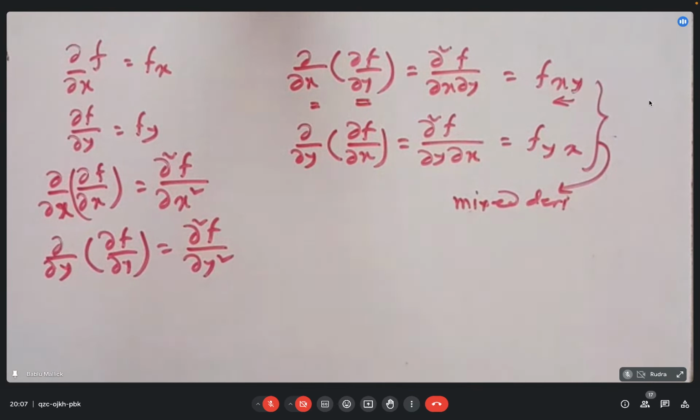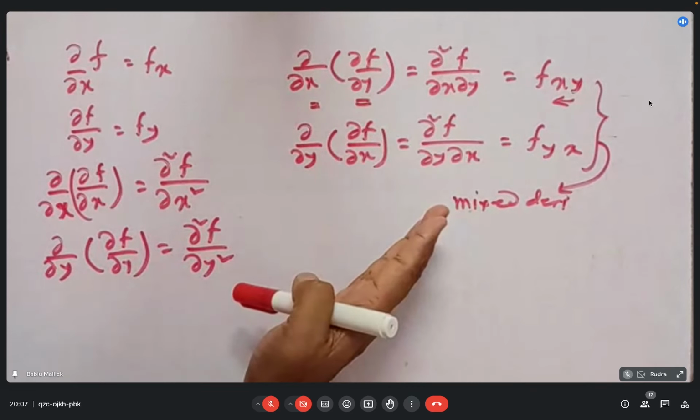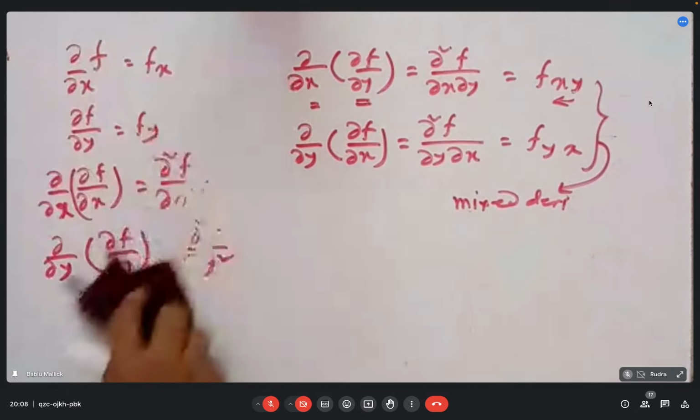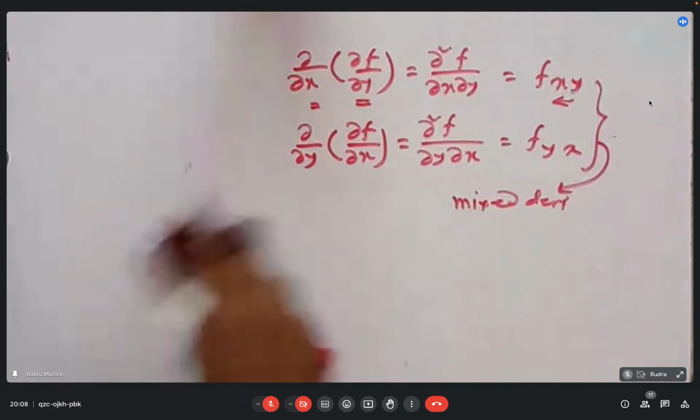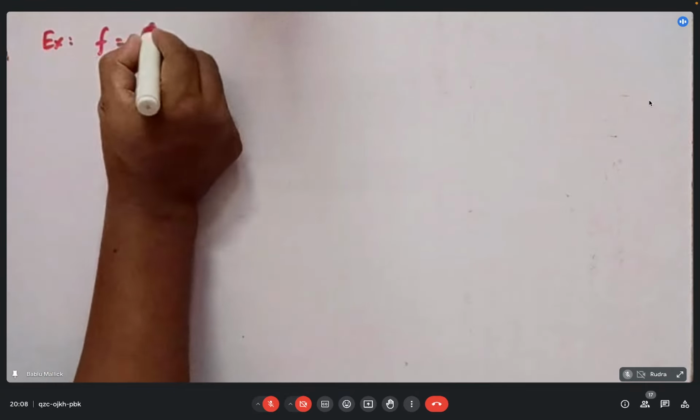These two are known as mixed derivatives. These mixed derivatives may or may not be equal. For example, suppose f is equal to x to the power y.